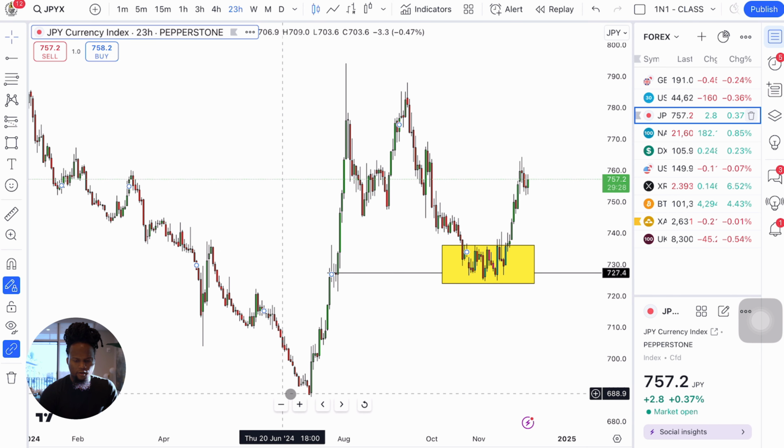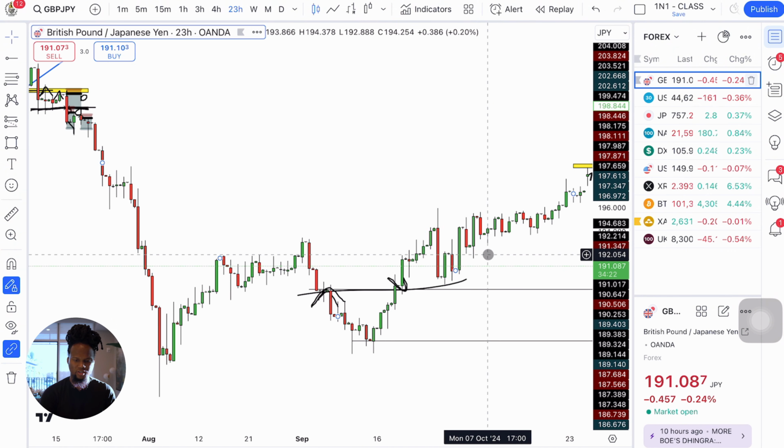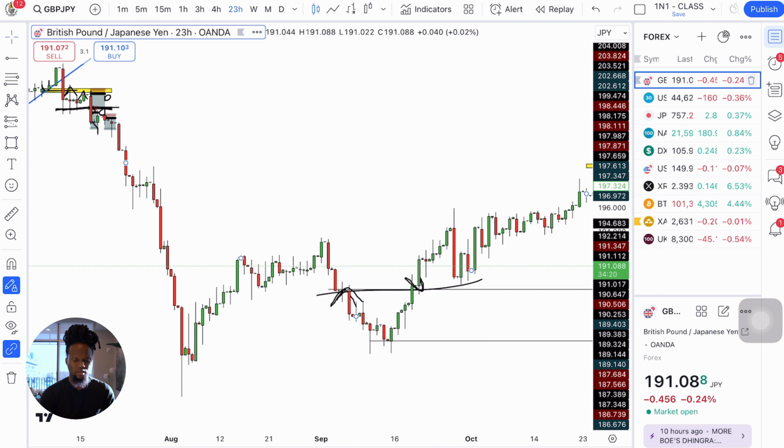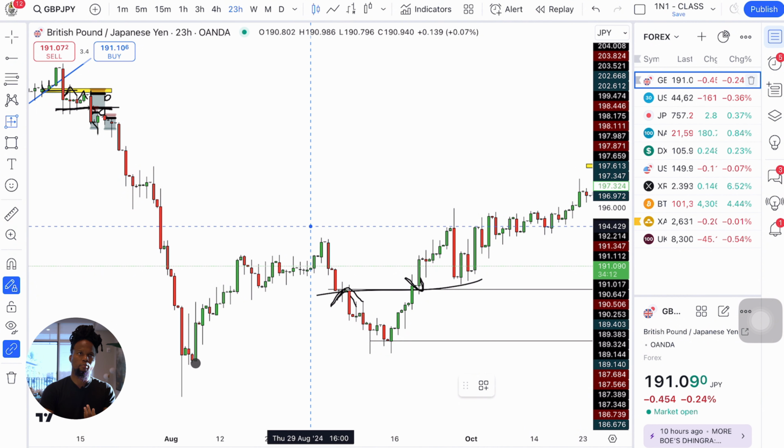Because remember, a pip is how you measure the distance from one area of the chart to the next area of the chart. For example, from here to here might be pips, might be points, right? Pips and points are all the same thing, just different methods of calculation or value count. Currency pairs will have pips, but indexes will have points.